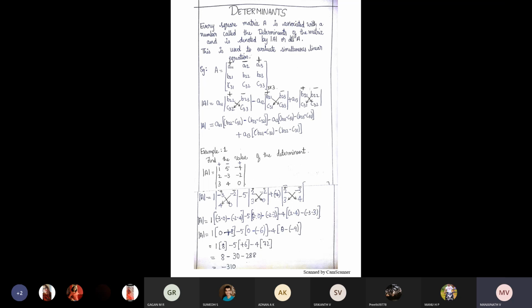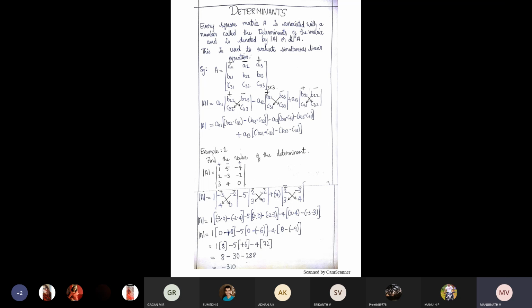A11 is equal to 1. A12 is equal to 5. A13 is equal to 4.